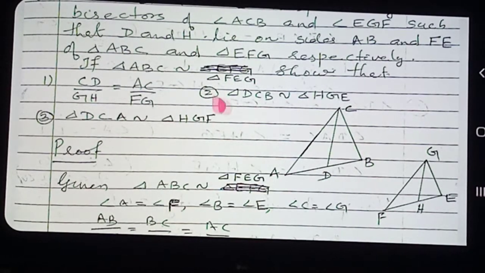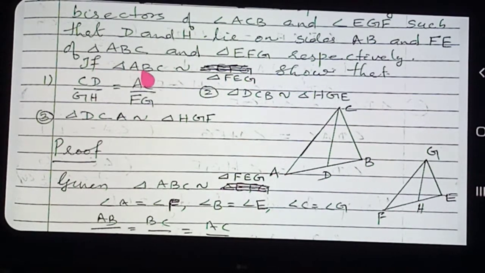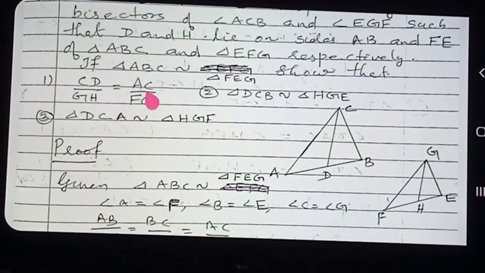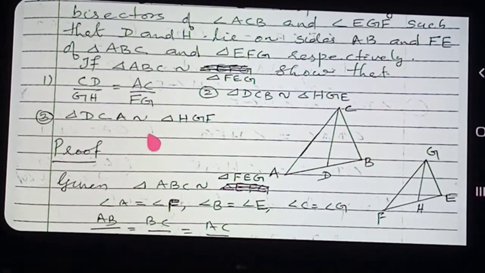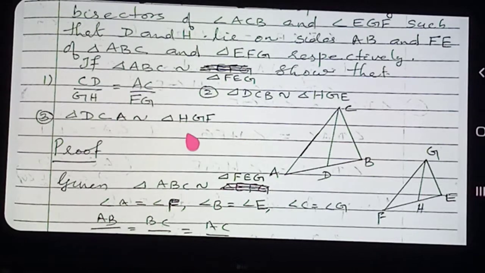If triangle ABC is similar to triangle FEG, show that CD by GH is equal to AC by FG. First question. Second question, triangle DCB is similar to triangle HGE. And the third question is that triangle DCA is similar to triangle HGF.